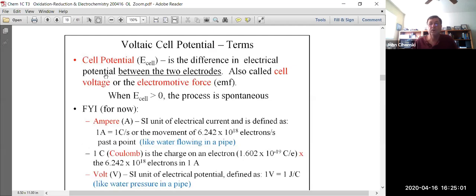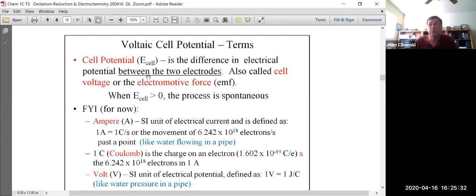So what we are going to be looking at for the next lecture is something called the cell potential, E subscript cell. It means the voltage that will be generated across the anode and the cathode that we can use. It's like your car battery generates 12 volts, and that's what is used. That voltage, along with some current, is used to start your car.